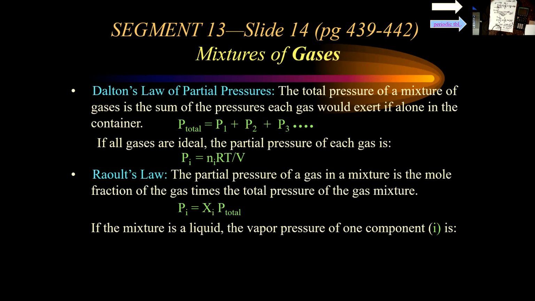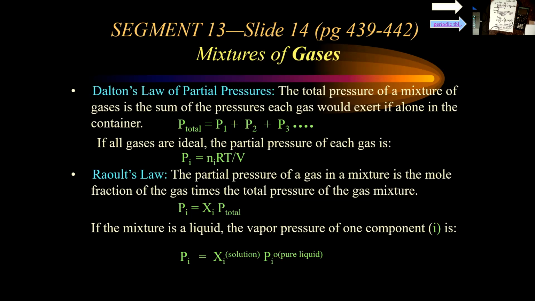Mole fraction is the moles of gas divided by the total number of moles present. It's called the mole fraction. It's another way of doing concentrations. So the pressure of the gas is proportional to the mole fraction. This works in a solution as well, because some of the things we dissolve are volatile.